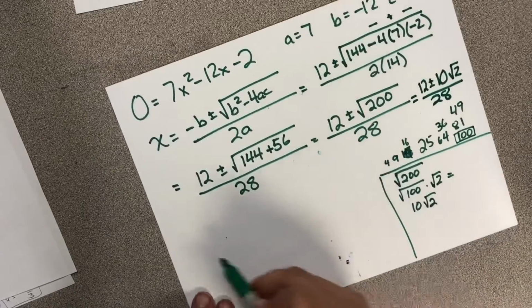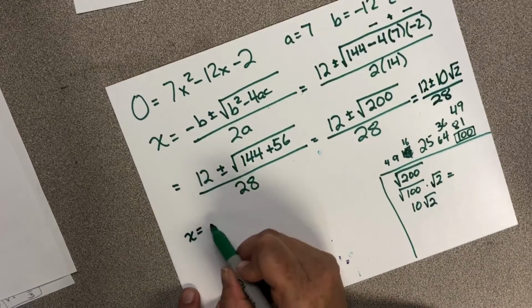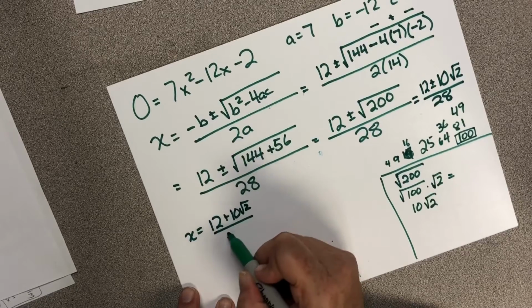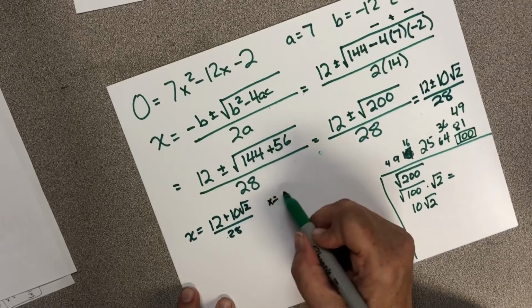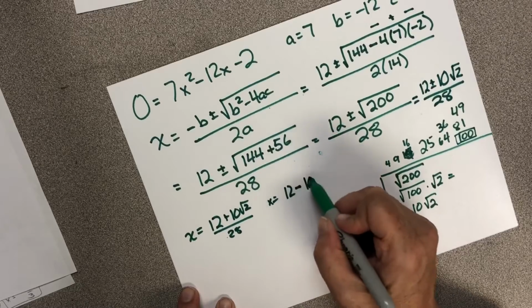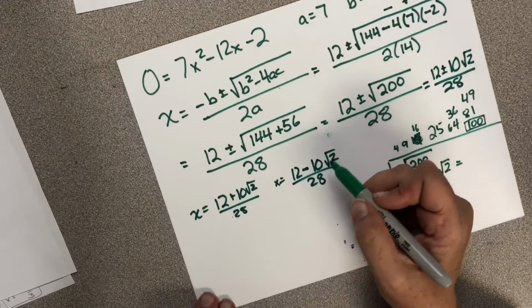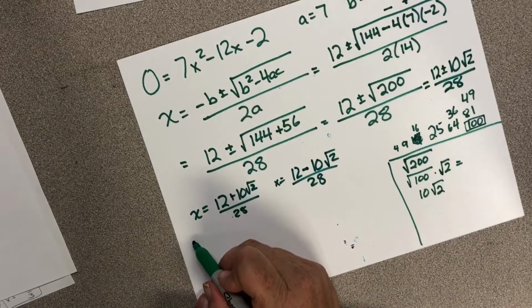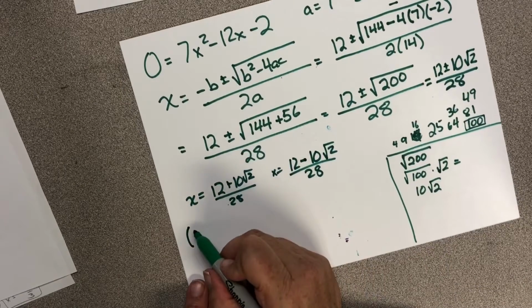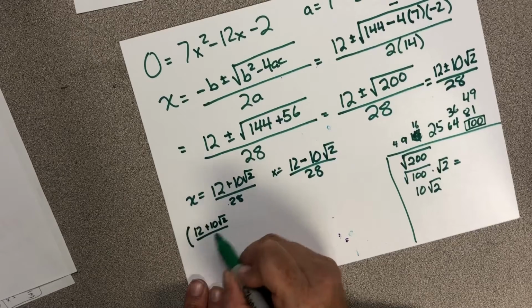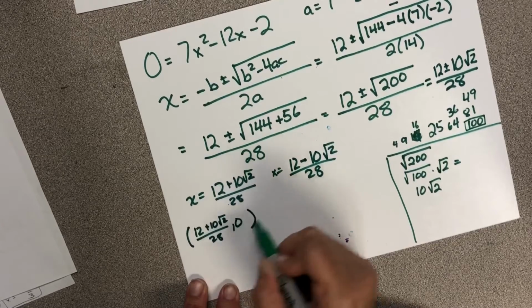Now you're ready to write your answers. X equals 12 plus 10 root 2 over 28, and x equals 12 minus 10 root 2 over 28. You're supposed to write your answer 2 different ways. The ordered pair using the radical, 12 plus 10 root 2 over 28, comma 0.